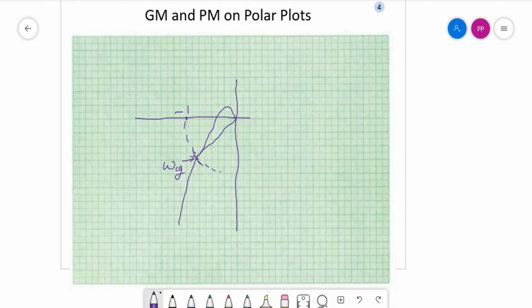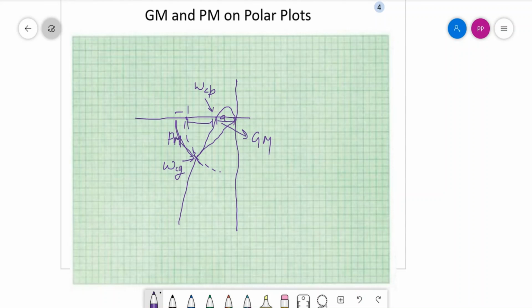From here we can see that this frequency is omega phase crossover, the phase crossover frequency. So from the value of this gain A, I can obtain how much we are away from this point of instability. Similarly here, by the value of this angle, which is the phase margin, we can obtain how much the system is away from the verge of instability. So this will help us in getting the gain margin, and this will help us in getting the phase margin.